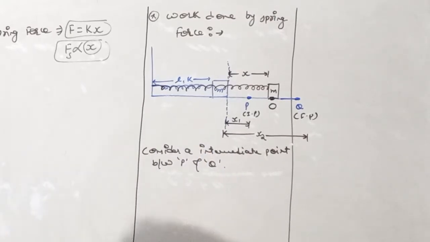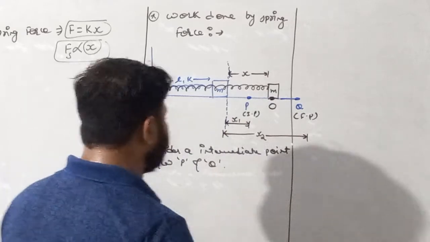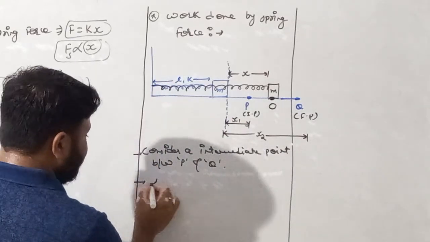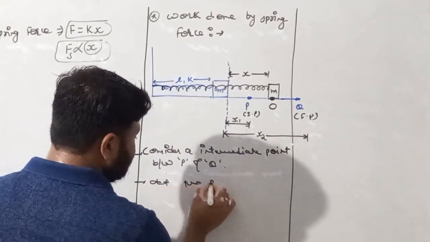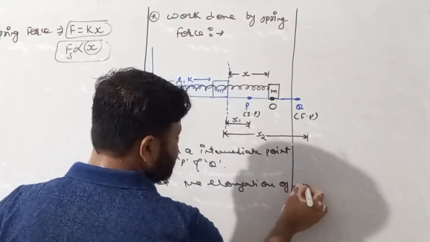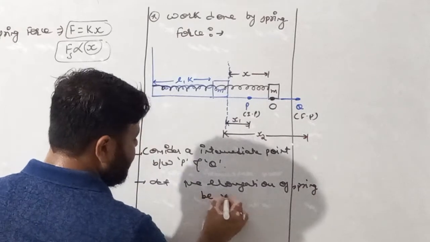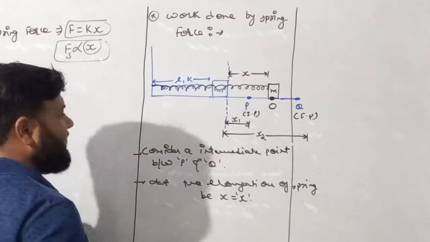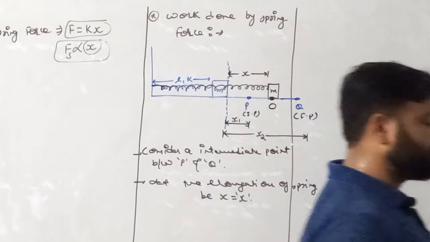Consider an intermediate point between P and Q. Let the elongation of the spring be x. I am considering the elongation value of the spring is x.